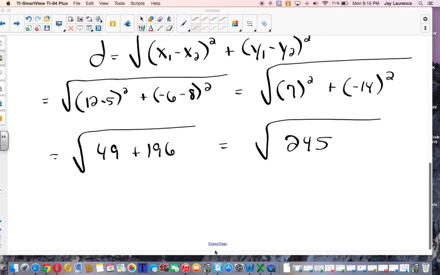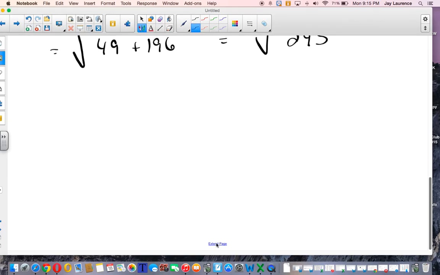Real simple. Tell you what, I will put a couple on here. Just make up a couple off the top of my head, and then you can try them and check them with me at a later date. All right? Let's go with the point -7, 12, and the point -10, 15.